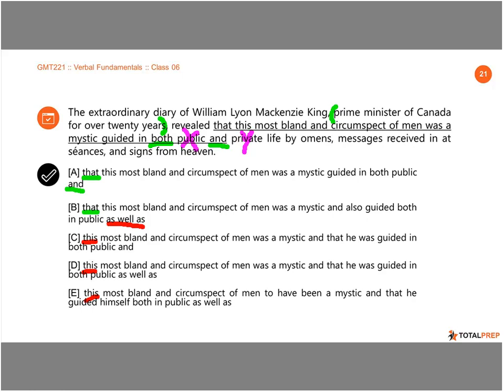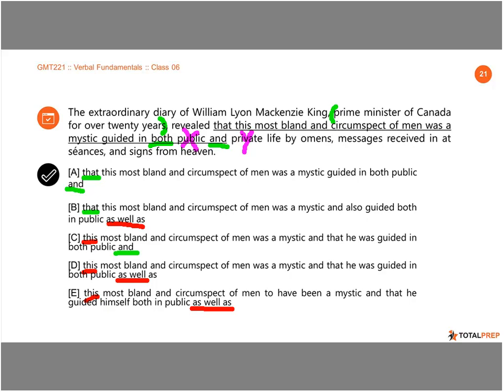Here, as well as, and there's and on letter C. So if you just take a look at the beginning and at the end of the sentence, when the passage is not fully underlined, it's a way for you to try to understand what they are trying to test.